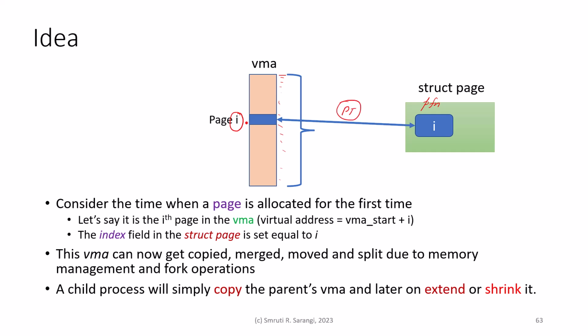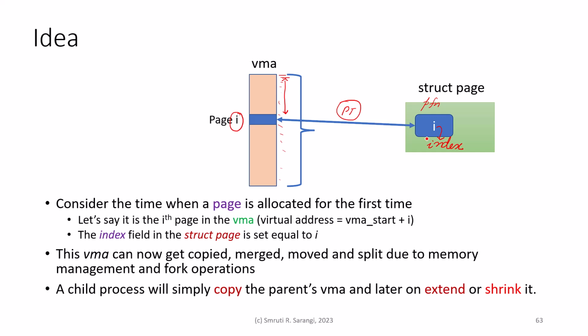So we can always store this number I, which is nothing but its offset from the beginning, in the index field of struct page. So we can say that the struct page in its original VMA was actually the ith page in its VMA. This information can be stored, which means that subsequently, if this page needs to be evicted, the number I, which is stored in the internal variable index, is readily available.